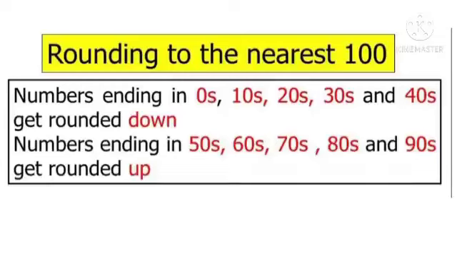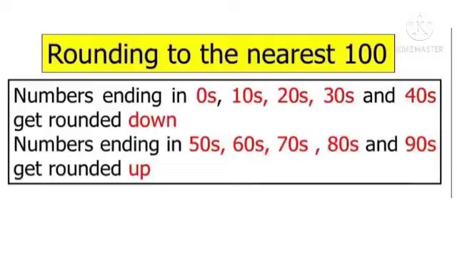Now rounding off the number to the nearest 100. Numbers ending in zeros, tens, 20s, 30s and 40s get rounded down. Numbers ending in 50s, 60s, 70s, 80s and 90s get rounded up. What does 30s mean? 31, 32 till 39, and 40s means 40, 41 till 49.